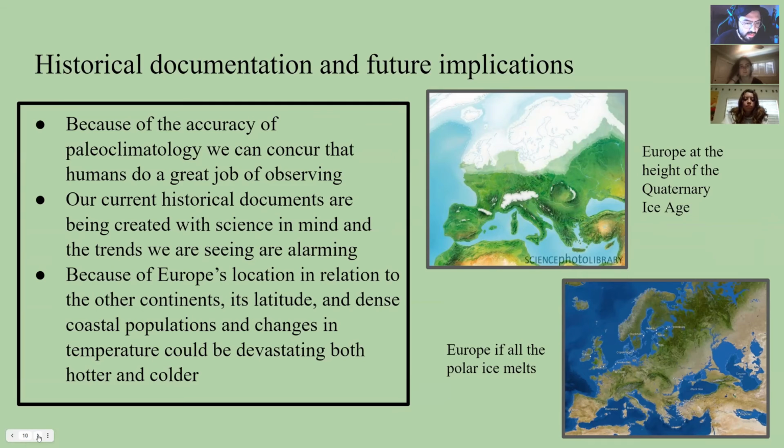The reason why this is significant is because we are observing massive changes due to anthropogenic climate change. And as stated before, our observations are very accurate at depicting what is happening, and we're already seeing massive changes to our environments around the world due to climate change.